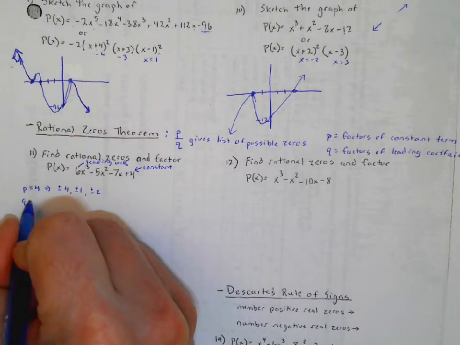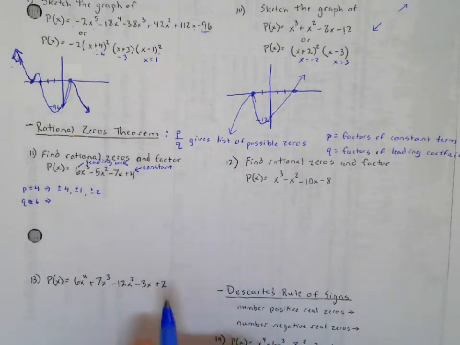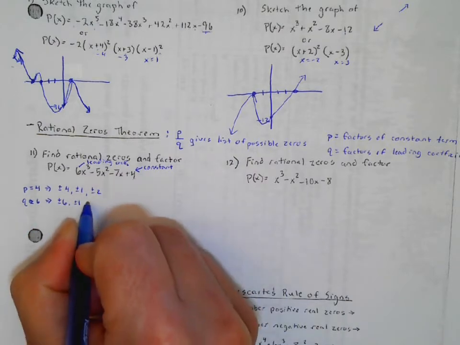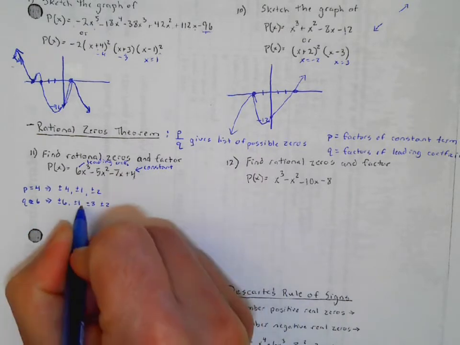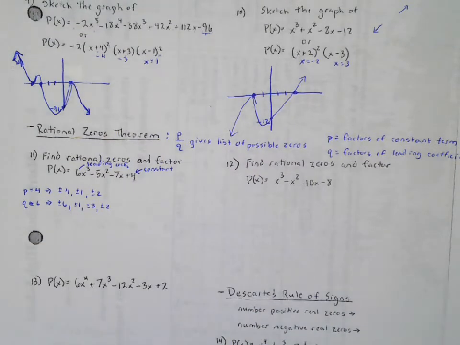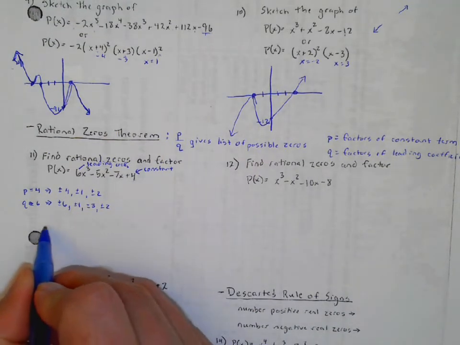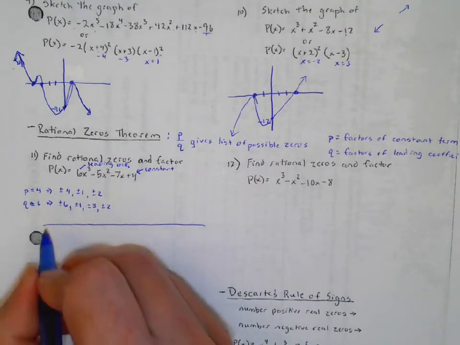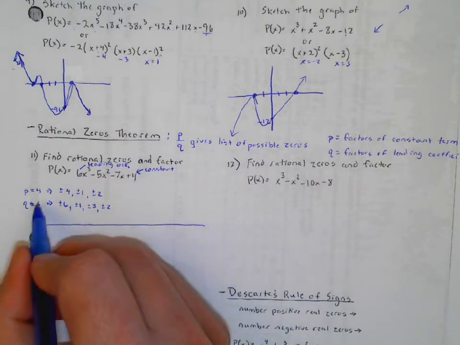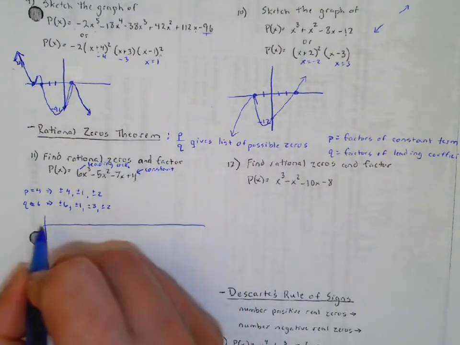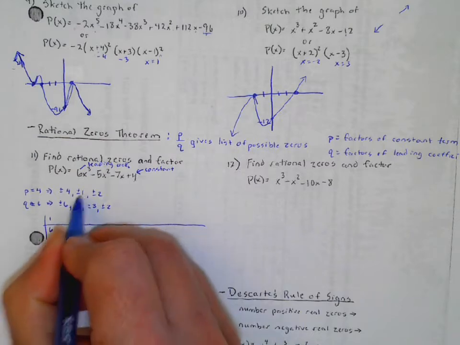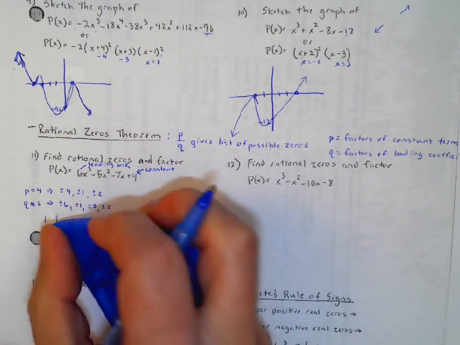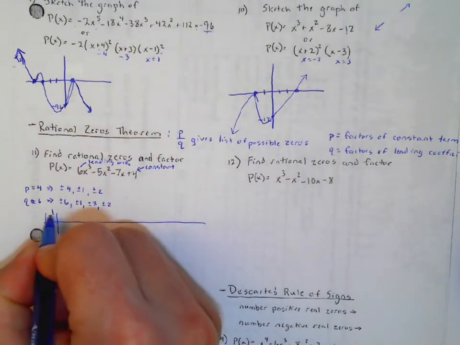The Q is the 6, and factors of 6 could be 6 times 1, or 3 times 2. So those are all those factors. Now, we're going to make a little table here with all the possible outcomes of P divided by Q. So P divided by Q could be 1 over 6, or negative 1 over 6.